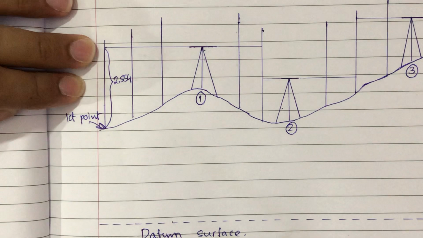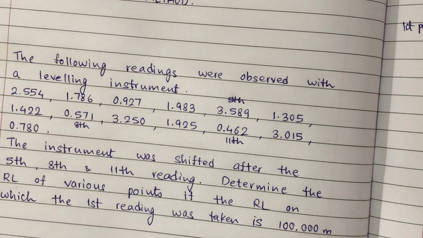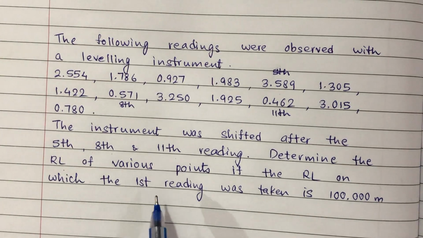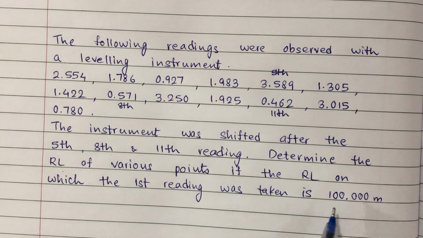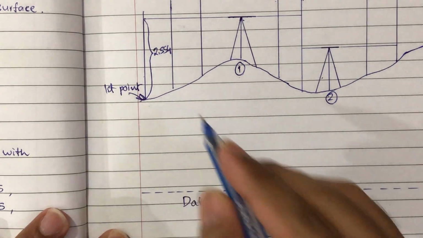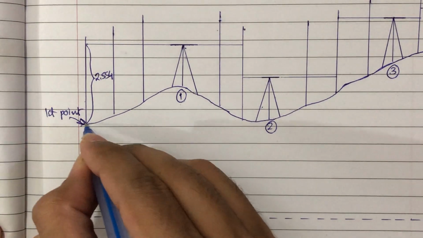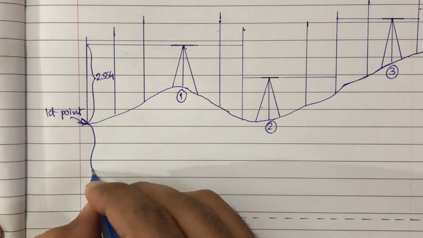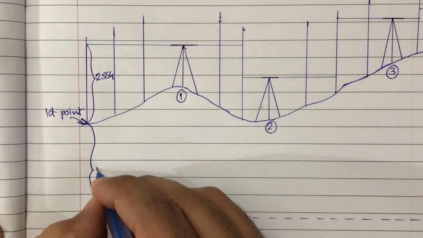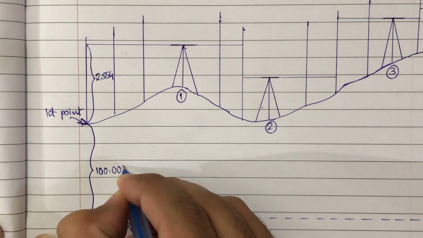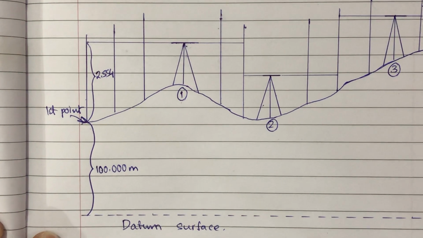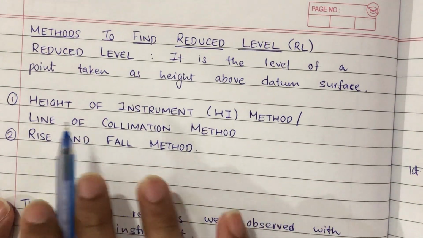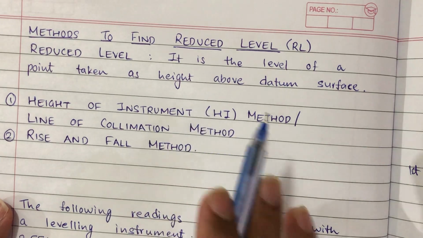So RL of the first point is given to you. The RL on which the first reading was taken is 100 meters. Means this RL is taken from the datum surface and it is given as 100 meters. So what was RL? It is the level of a point taken as height above datum surface.